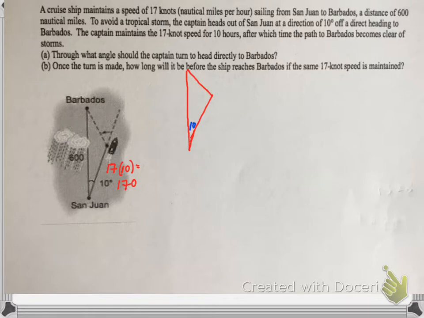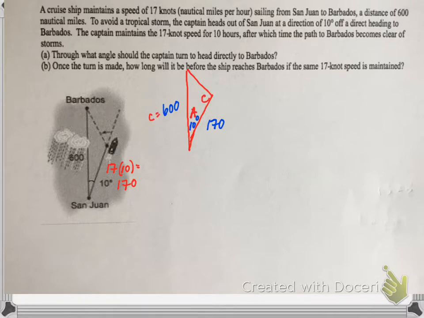I get 10 degrees here, 170 miles there, and 600 nautical miles per hour over there. Okay, so let's label these. I'm going to call A the 10 degrees, so it's angle A. Side C is going to be 600.